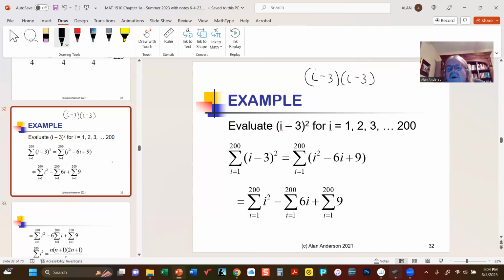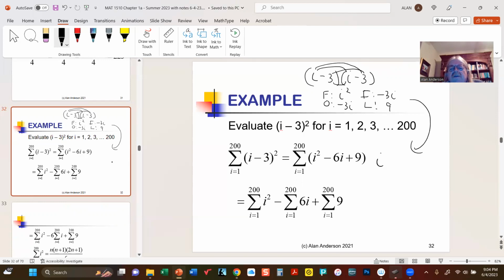You can use FOIL or whatever technique you want to use: first, outer, inner, and last. So that brings us to i squared minus 6i plus 9. And now if you notice, break it up into 3 separate terms.